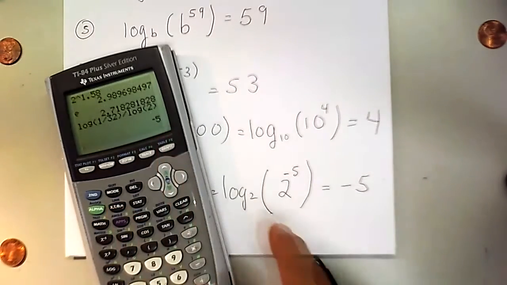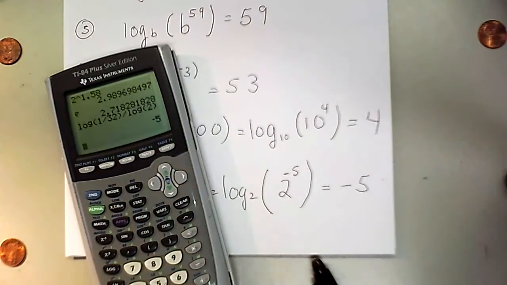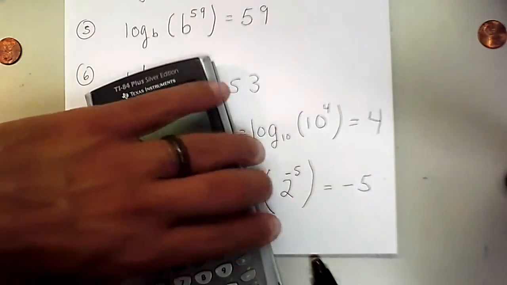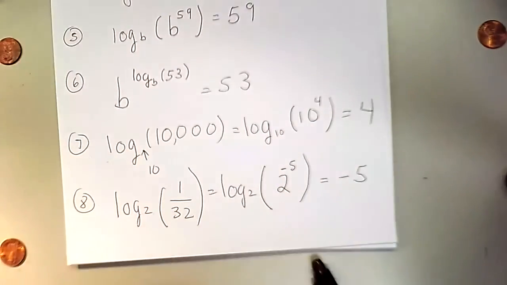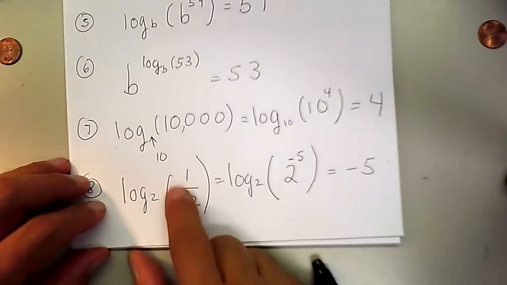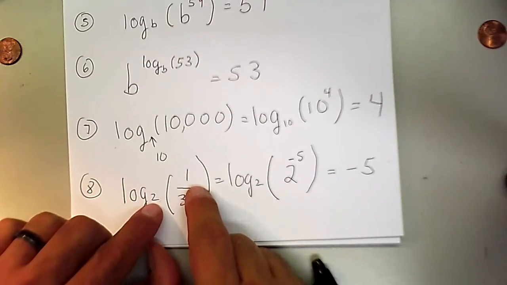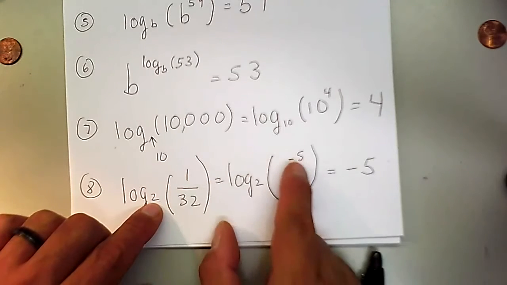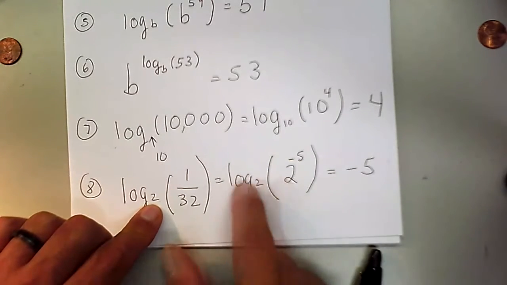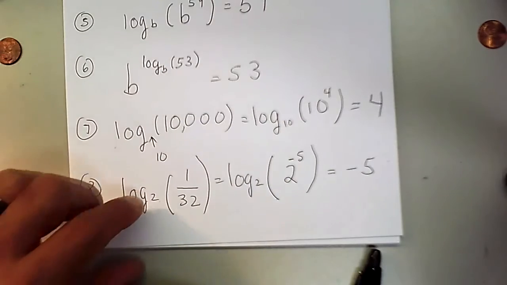Sure enough, we get -5. All right, so this confirms that that's the answer. But the point of the problem is to figure out how to rewrite this in terms of 2 with an exponent, and then voila, we get the answer. Those two undo each other, and then we get the answer.